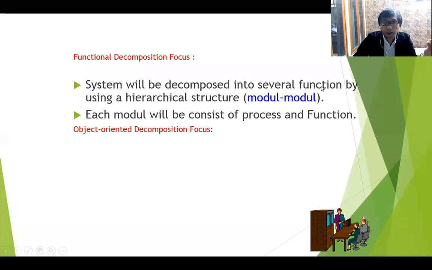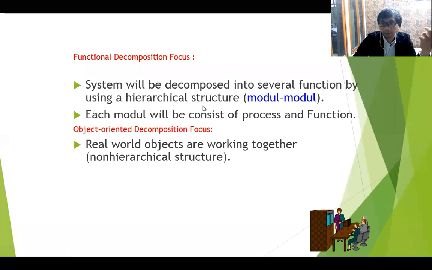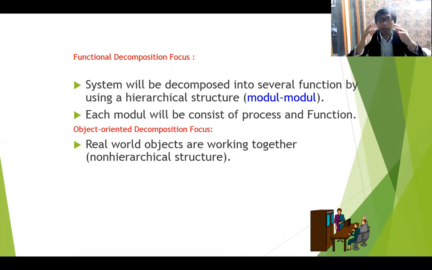And in functional decomposition, the focus is that the system will be decomposed into several functions by using a hierarchical structure. These modules consist of processes and functions. And in object-oriented, the focus is that real-world objects work together in a non-hierarchical structure.